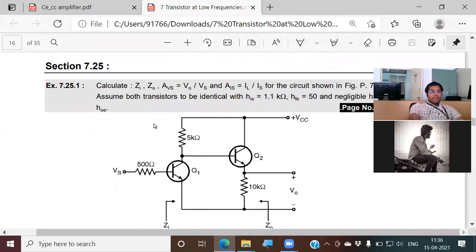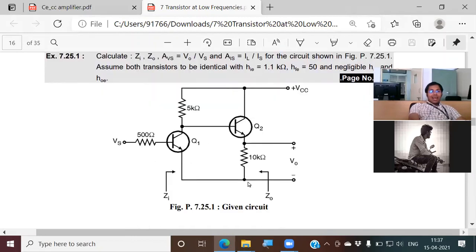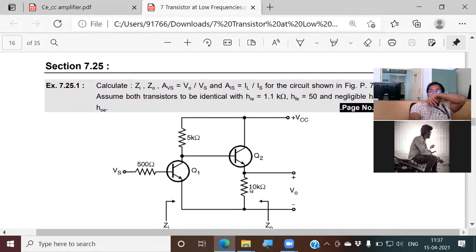Then what are the other values? RS is 500 ohm, RC1 is 5 kilo ohm, RE2 is 10 kilo ohm. Have all of you noted? Any difficulty? Please tell me.